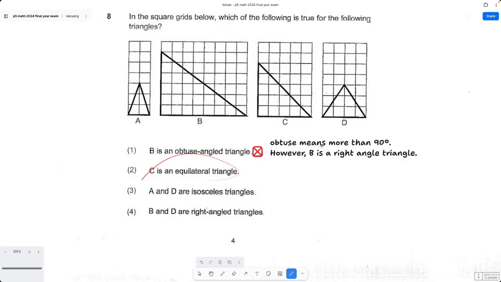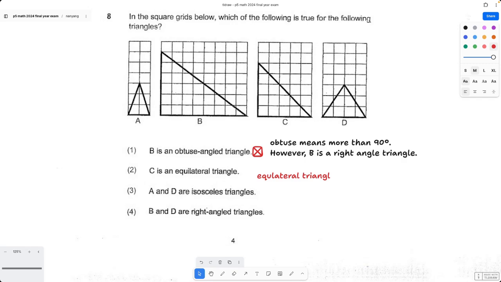C is an equilateral triangle. So an equilateral triangle right over here has all angles as 60 degrees.